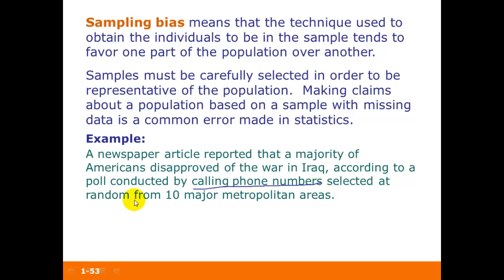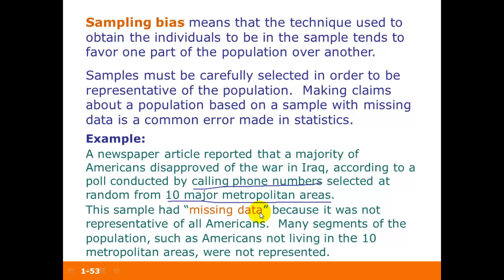The second was that the phone numbers were selected at random from 10 major metropolitan areas. That means that a large segment of the population was excluded. Anyone who wasn't in one of those 10 metropolitan areas would have been excluded even from the selection process.